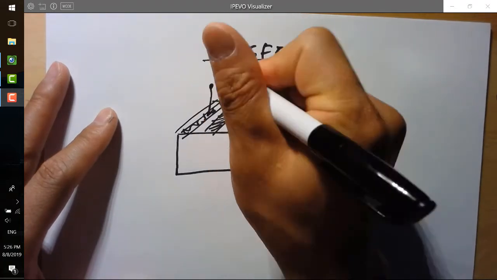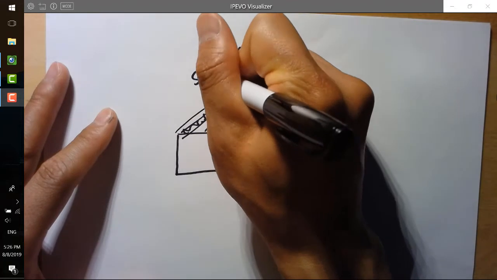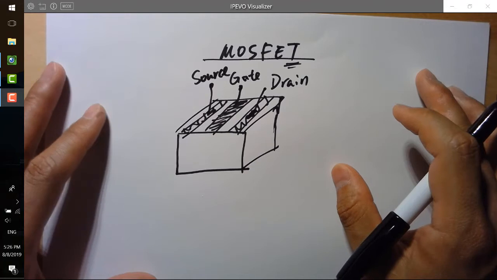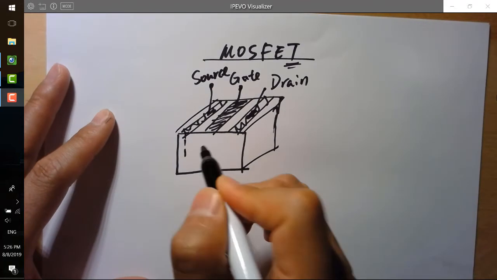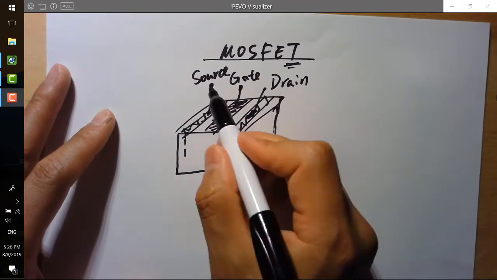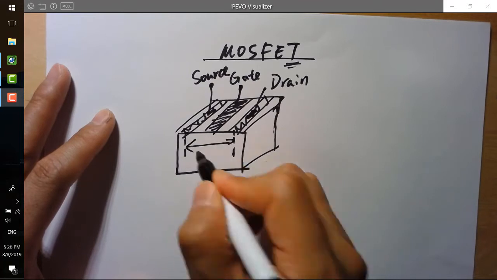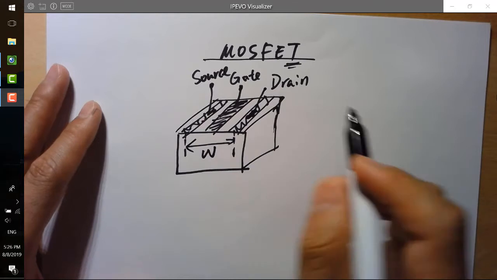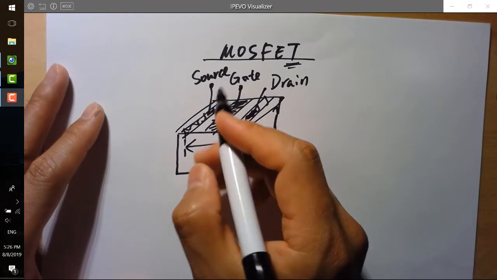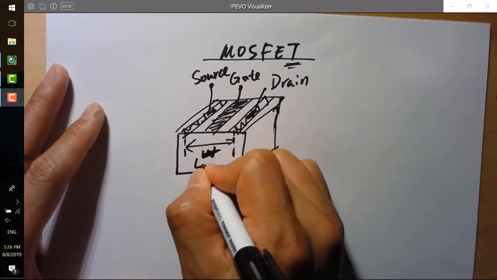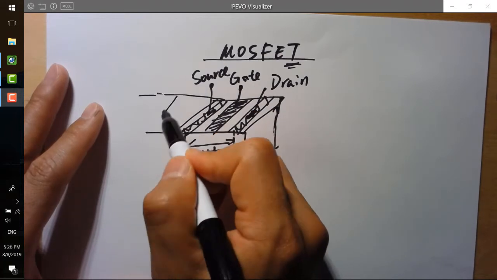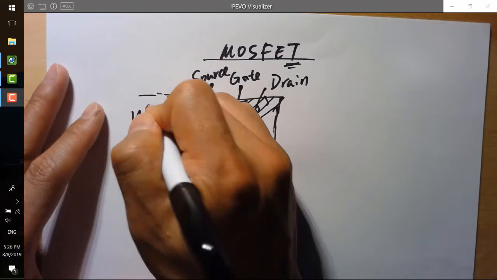This terminal is called source. The dimension between source and drain is the length of the transistor, and this other dimension is the width of the transistor.